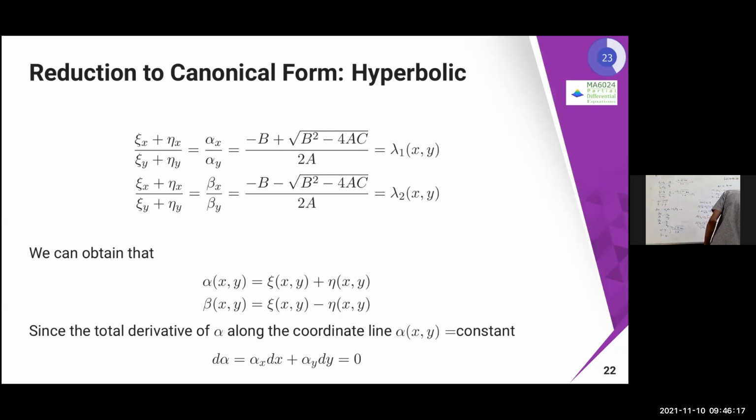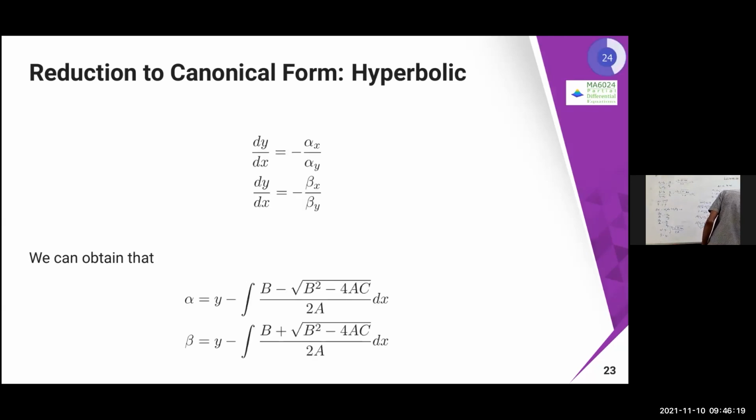So alpha is chi plus eta, and I think this would be plus and this would be minus, because I'm taking minus common here, so minus into minus gives plus here. Minus, correct one.